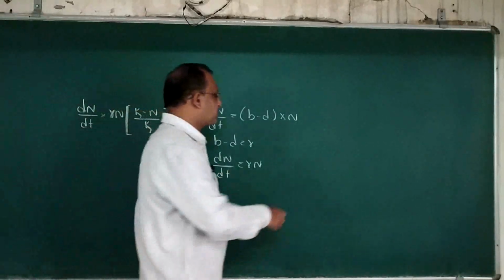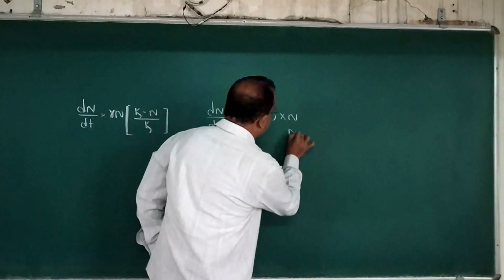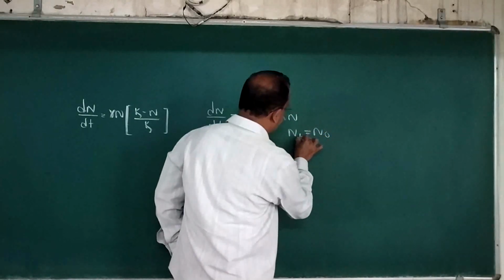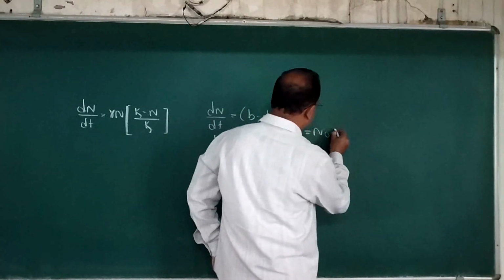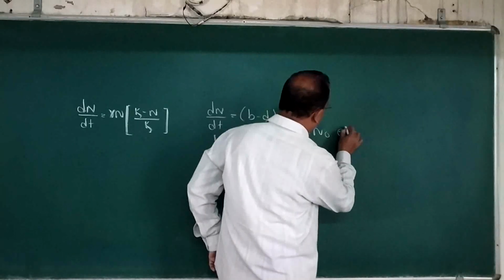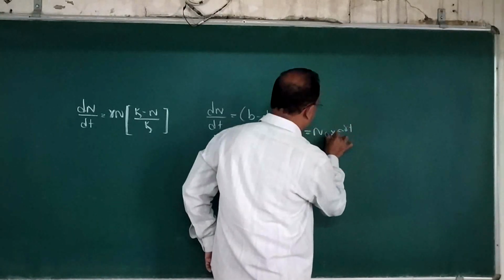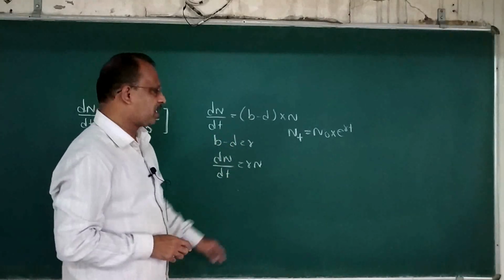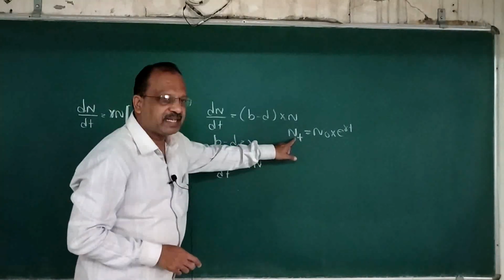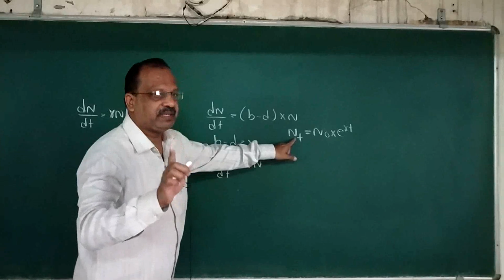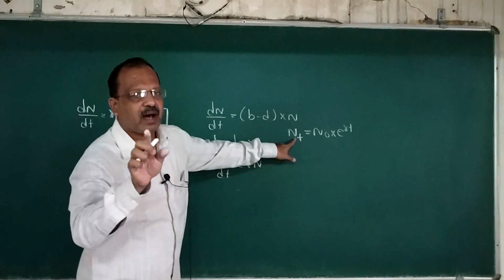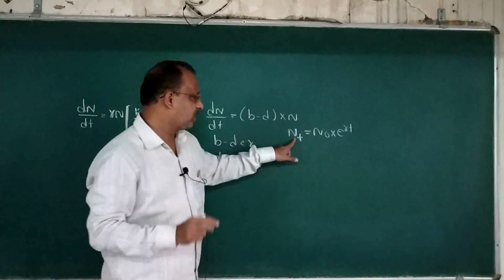It is also expressed in another way: Nt = N0 e^(rt). Nt stands for population density after time t.